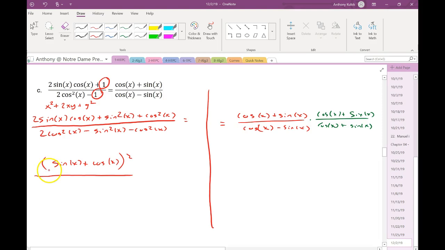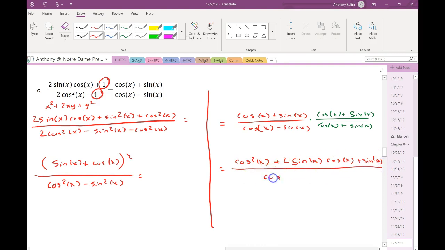And if I combine like terms in the denominator, I get cosine squared minus sine squared. Now, if I FOIL things out in the numerator here, going from the other approach, and FOIL things out in the denominator, get that.